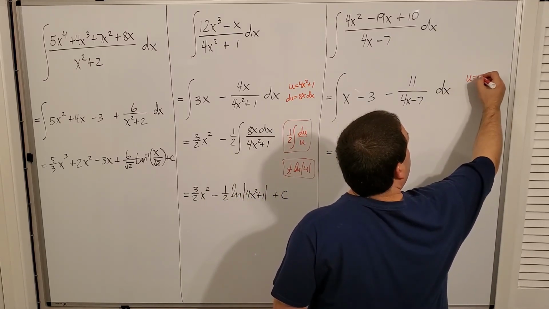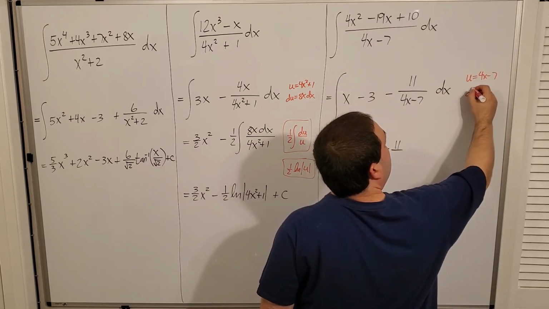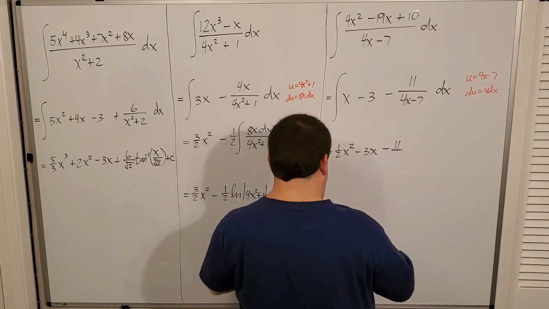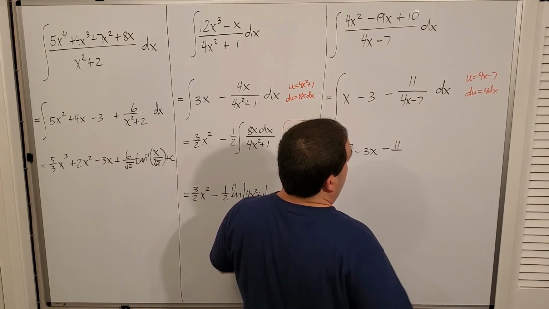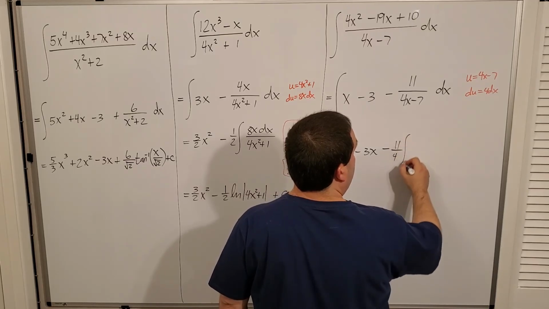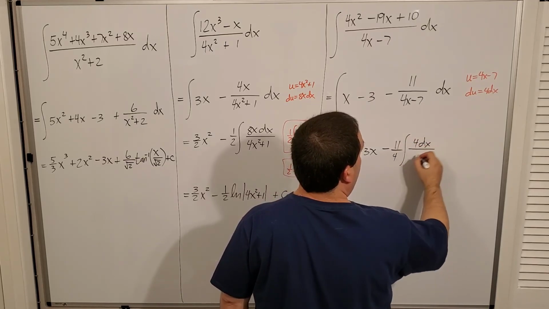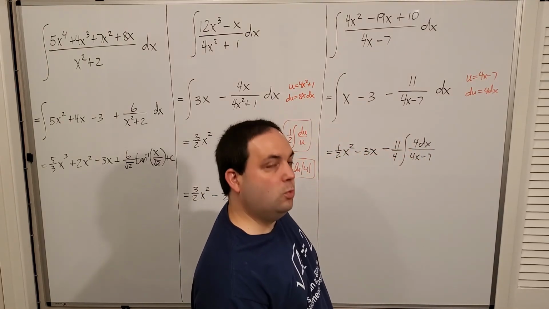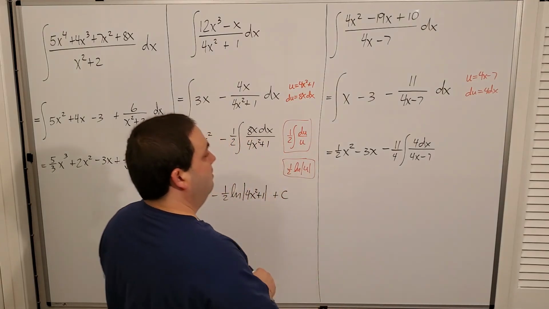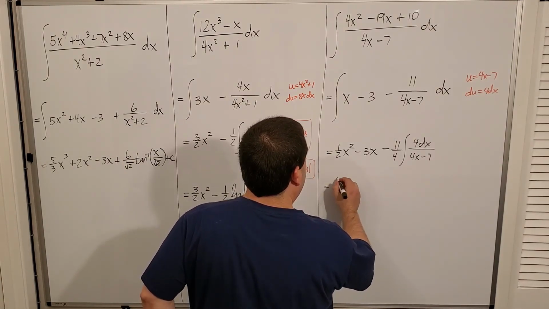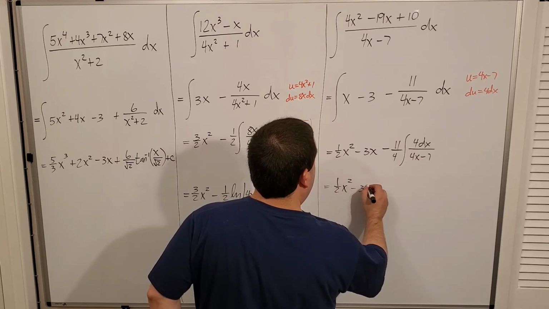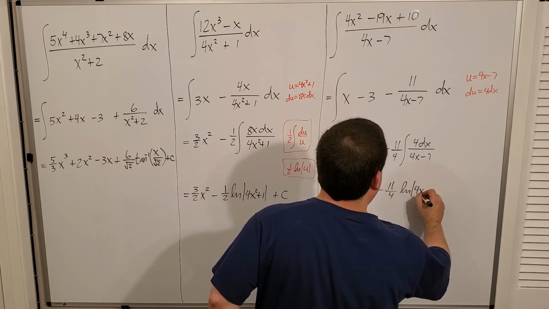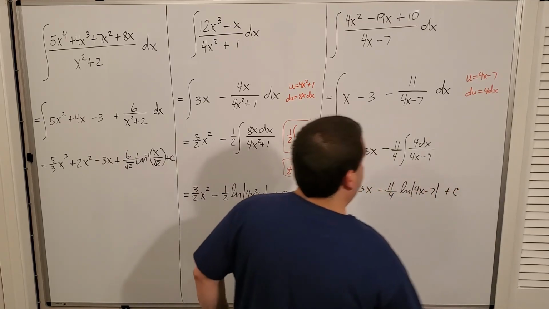If I let u equal 4x minus 7, then du is just 4 dx. So to get that 4 dx, I'm going to divide by 4 on the outside and multiply on the inside like this. So notice I've got the du over u again, which is going to give me the ln antiderivative. So I've got 1/2 x squared minus 3x minus 11/4 ln of 4x minus 7 plus c.